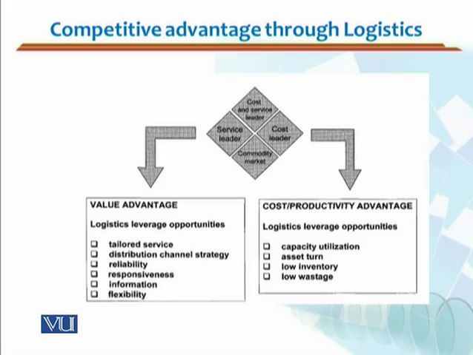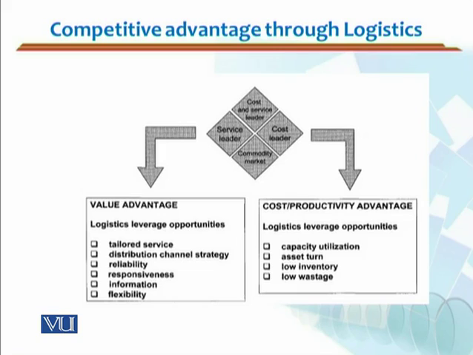There are two types of advantages overall which would be achieved through these four types. Either it would be a value advantage or the cost and productivity advantage. Value advantage would be in terms of the logistics leverage opportunities. You can provide value by providing the tailored service. You can provide the value through distribution channel strategy. You can provide the value through reliability. You are reliable.